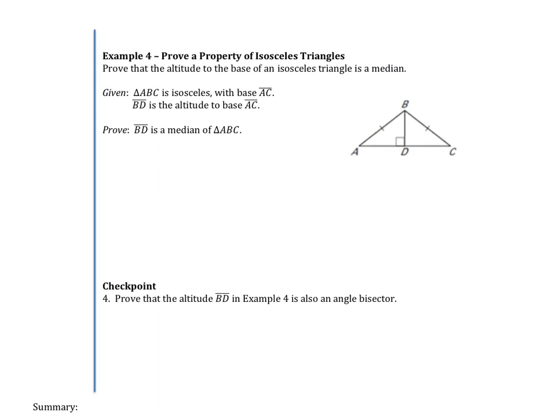All right, and we will run through this proof quickly. It says to prove that BD is a median. So in proofs, you always start with the given first. So ABC is isosceles with base AC.